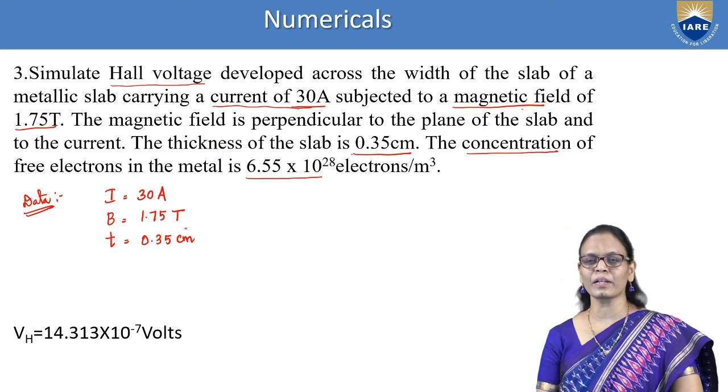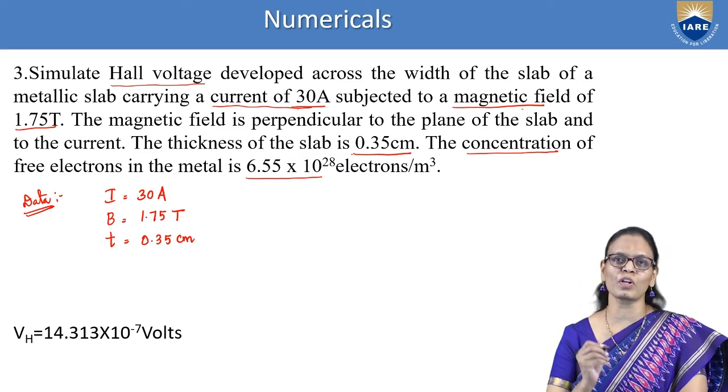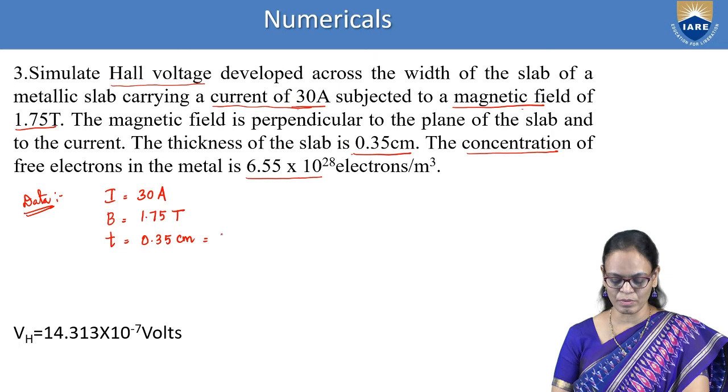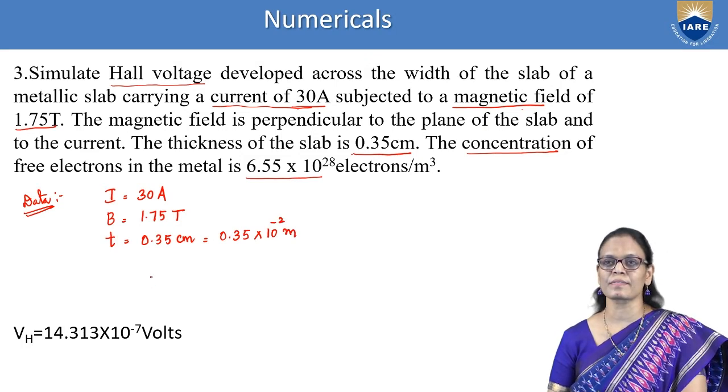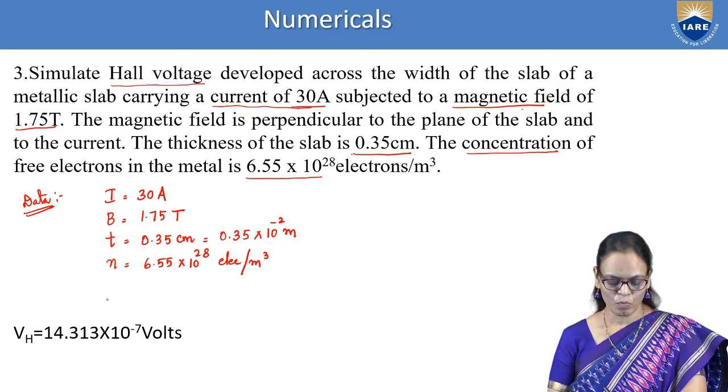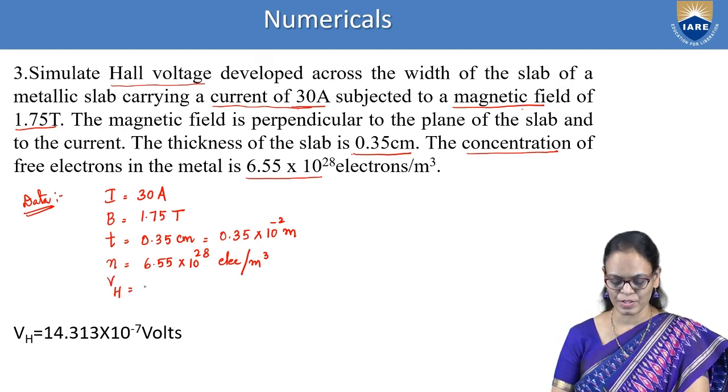Because we are doing the numerical, I told you we will always follow one system of units and we are following the SI system. So we need to convert this centimeters into meters. So this is 0.35 into 10 power minus 2 meter thickness. Then the concentration of electrons is N is equal to 6.55 into 10 power 28 electrons per meter cube. What we have to calculate is the Hall voltage.